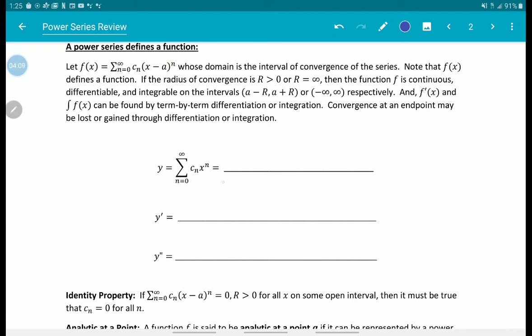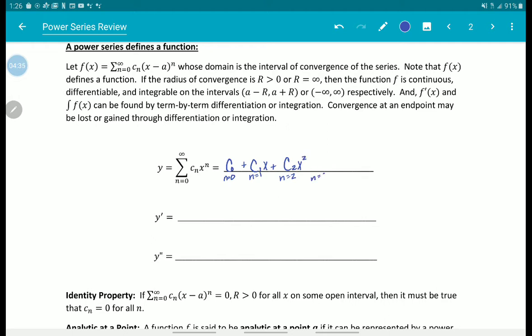So let's expand this out just a little bit. If we plug in 0, then we would have c sub 0 times x to the 0, which would just be 1, and 1 times c0 would be c0. The next term, if we plug in 1, would be c1 x. If we substitute in 2, we're going to have c2 x squared.